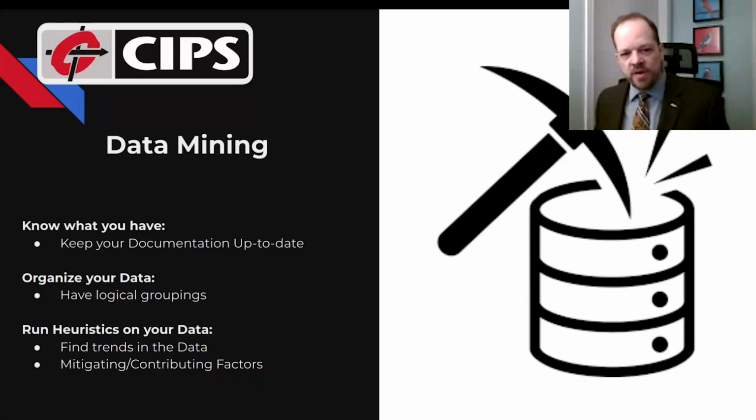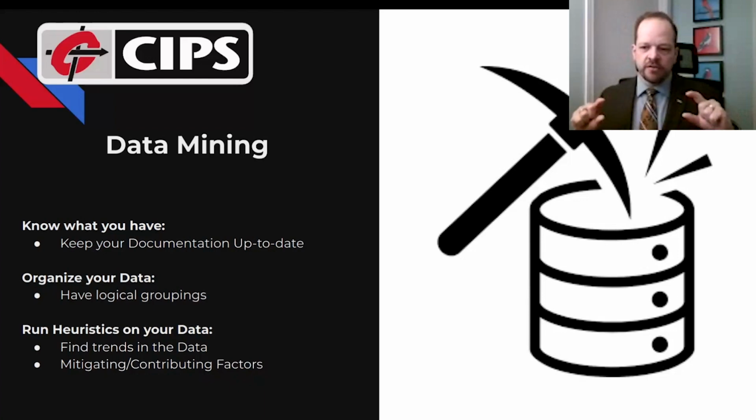The biggest thing with running all this heuristic data against your system is no single item is a silver bullet. Every question you ask about your data is going to have contributing and mitigating factors. There's no single silver bullet. It's going to be a combination of everything together.